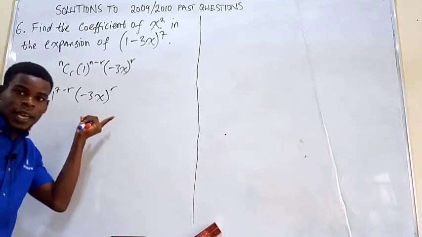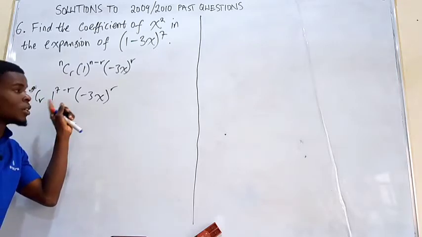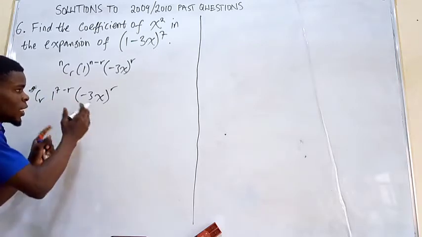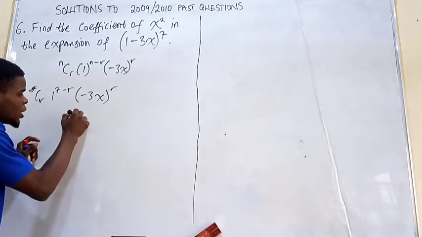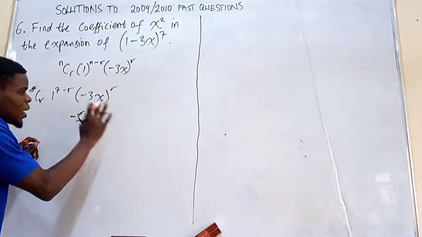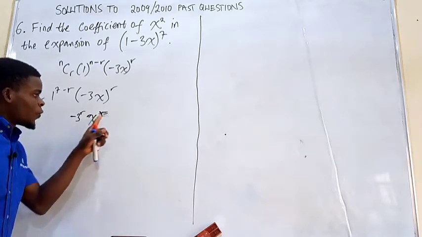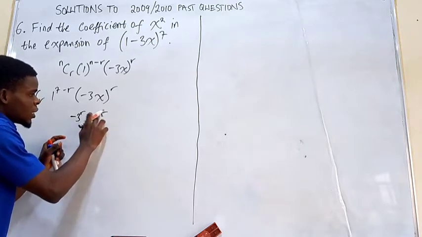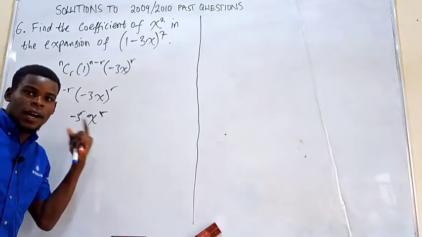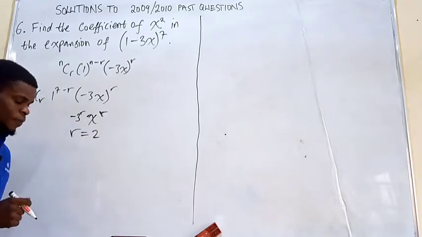The power of x on the left hand side: this one has no x in it, so the power of x is just going to be r, by opening this bracket. So for this term to contain x to the power 2, r should be 2. So we just equate that r to 2.